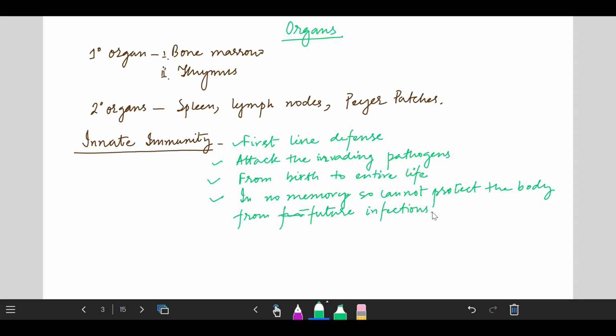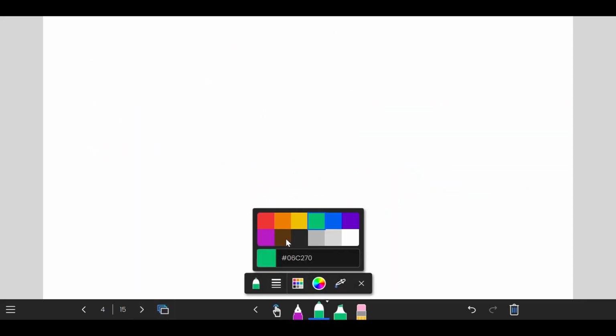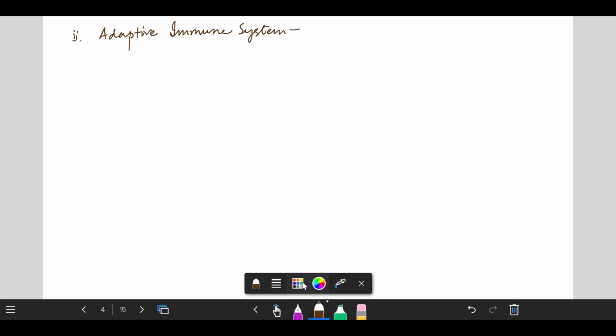Okay. Another type of immune system is the adaptive immune system, also known as acquired immunity. When the innate immune system is not able to destroy the germs or pathogens, the adaptive immune system takes over the functions. Clear?